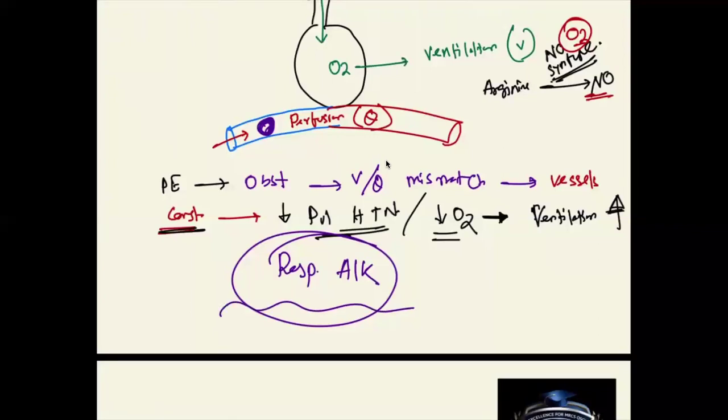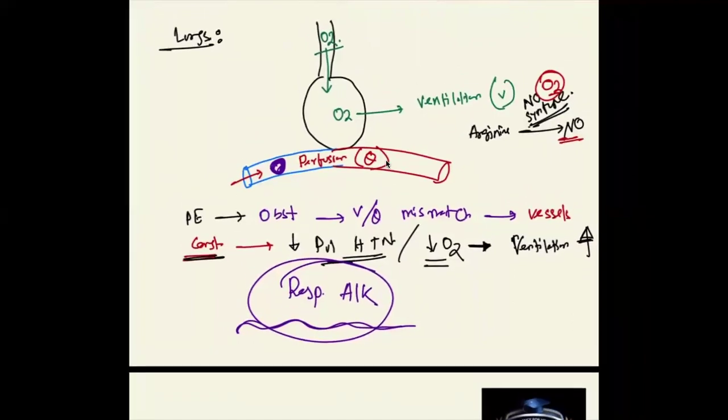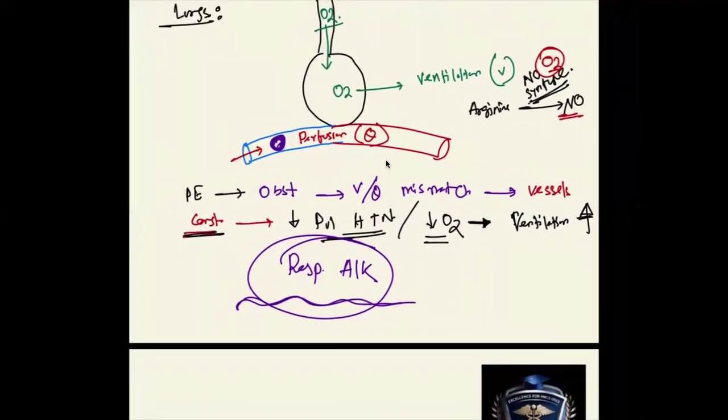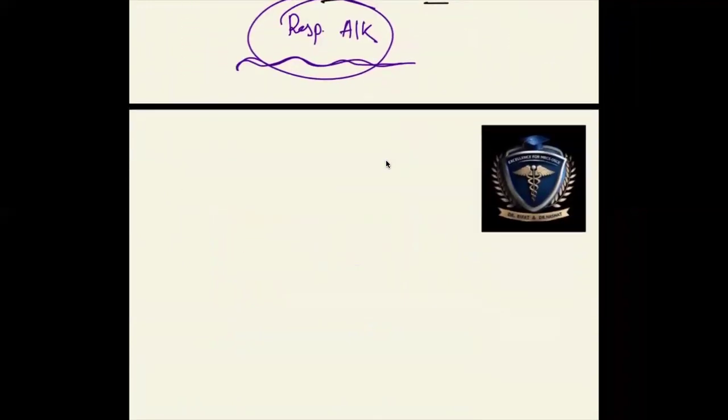So tell me, what respiratory abnormality occurs in a pulmonary embolism patient? The patient will develop respiratory alkalosis. Did you get my point? What about the respiratory abnormalities? The patient will have respiratory alkalosis.